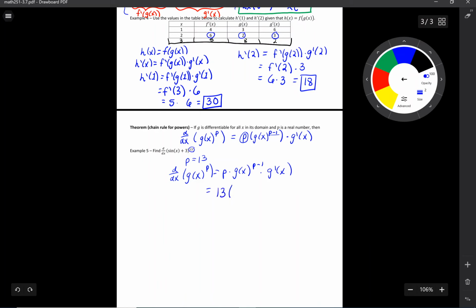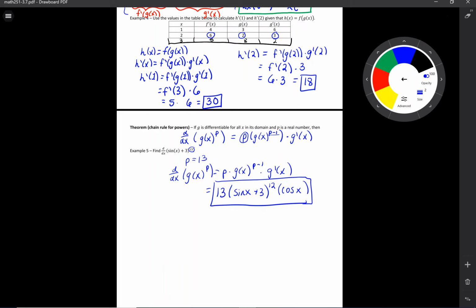Our inner function is sine of x plus 3. And then p minus 1 here will be 12. And then I have to multiply by the derivative of the inside function. So that is the derivative of sine of x plus 3, which is cosine x. And that's it. But again, if you use the plain old chain rule, you would end up with the same answer as well.